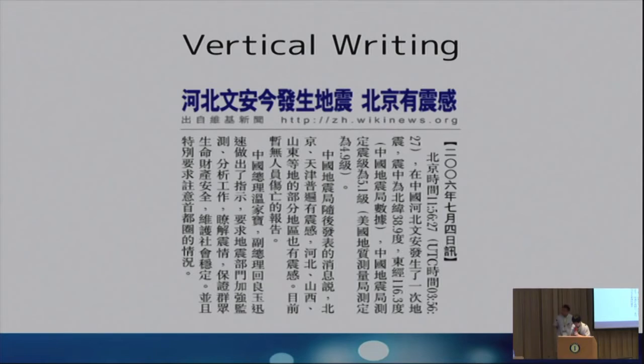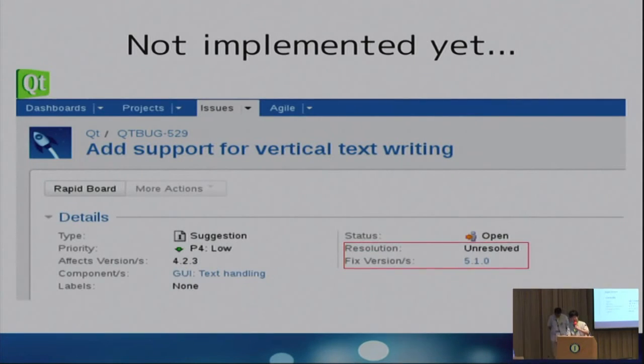So it is essential for e-books in Japan or maybe Taiwan. I'm not sure, but yeah, it is essential for e-books. In the case of Qt, unfortunately, it is not implemented yet.